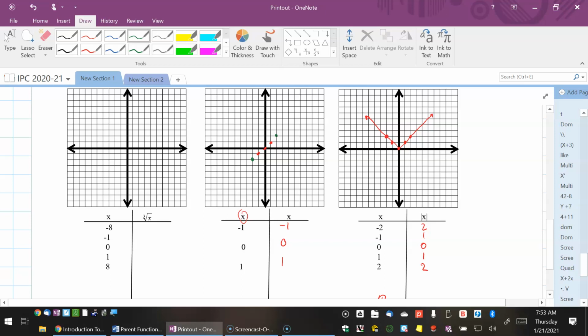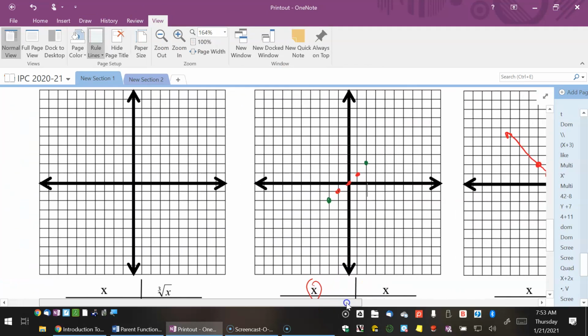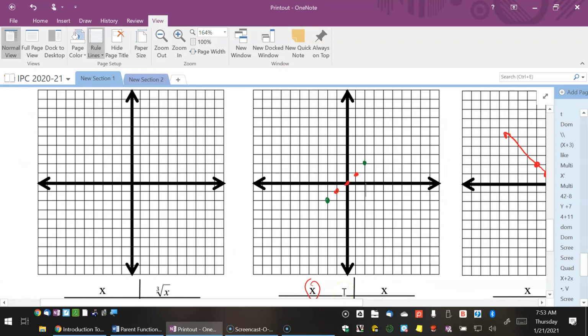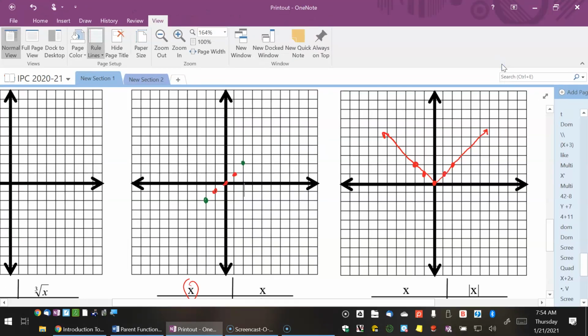There's no harm in that. Zoom in just a smidge and get out my ruler. Give myself a good line. Shoot. Try that again.